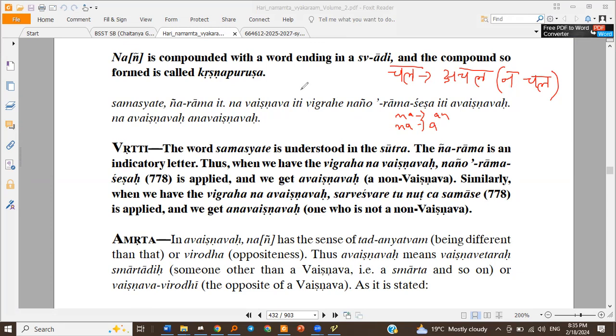And if I have a word beginning with a Sarveshwara, let's say Anta, and if I want to say Na Anta, then it will be An. So An and Anta, so Ananta.